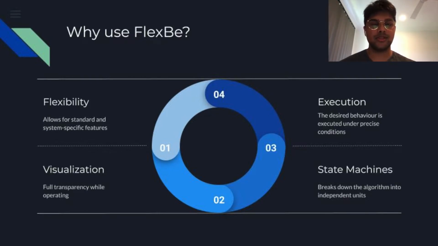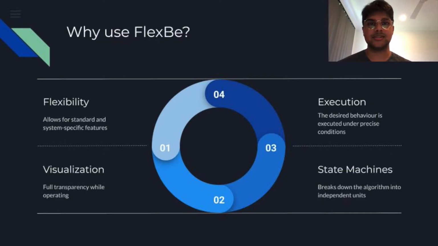Another important feature of utilizing a FlexBE built algorithm is that it can be visualized while it is running. This allows for full transparency regarding the current state of the behavior, control over the flow of the algorithm, and instant troubleshooting if required.